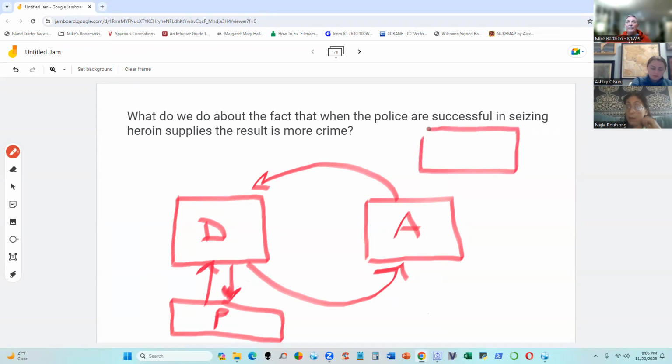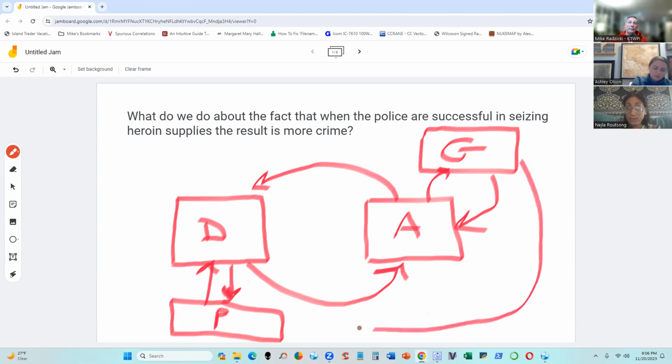Maybe policies or laws. The more addicts there are, the more funding, and they might pass certain laws that make the police do more arrests and confiscations or whatever. More seizures.